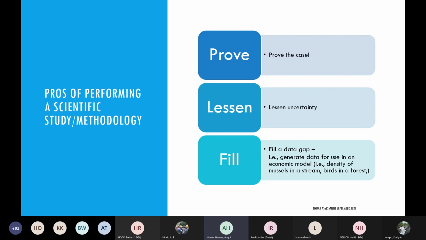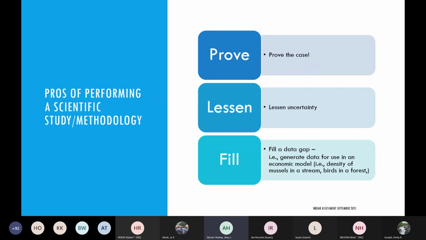Sometimes you're like, well, we're pretty sure that XYZ result happened, but it would be better to get some more data on that so that we can be more sure. And then as you go through cases, there's always data gaps. And so you might design a particular study to fill that data gap in order for us to be able to complete the story of the NRDA.